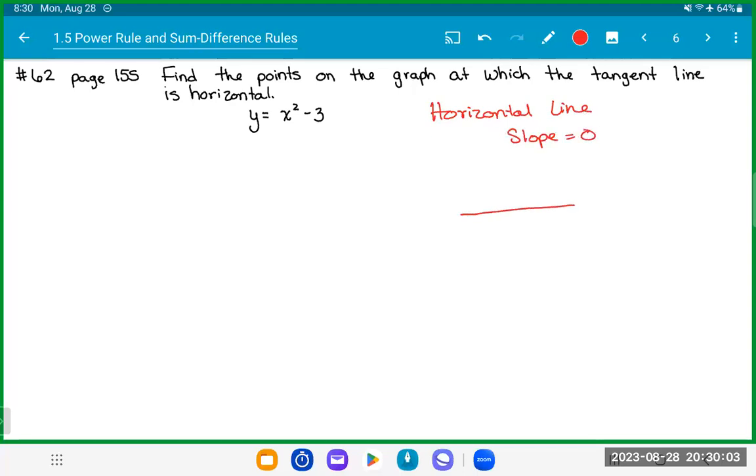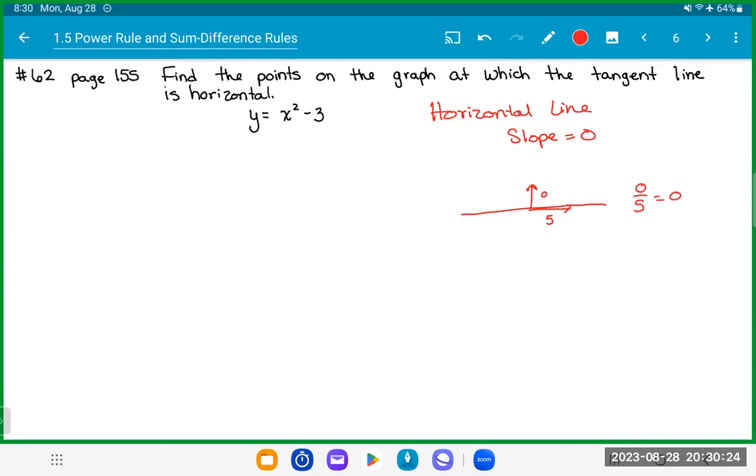Just think about that. If I had a horizontal line, my rise is 0, my run can be whatever. So I would have 0 over 5. My slope is always going to be 0.